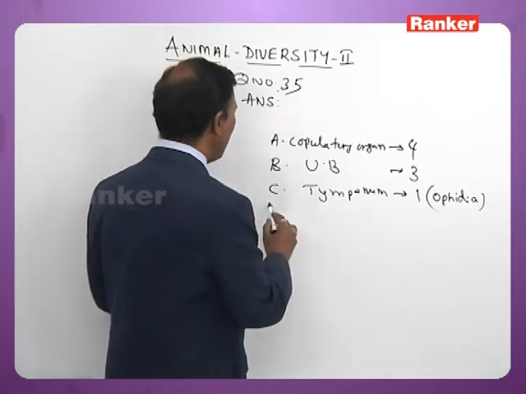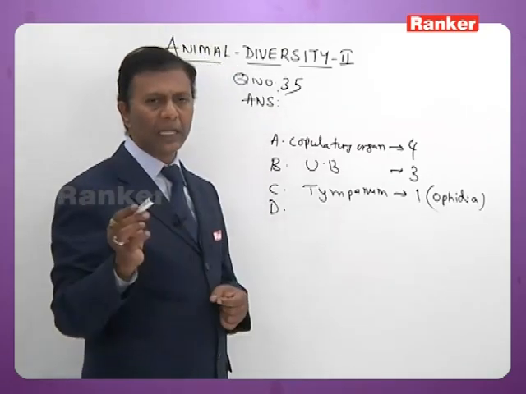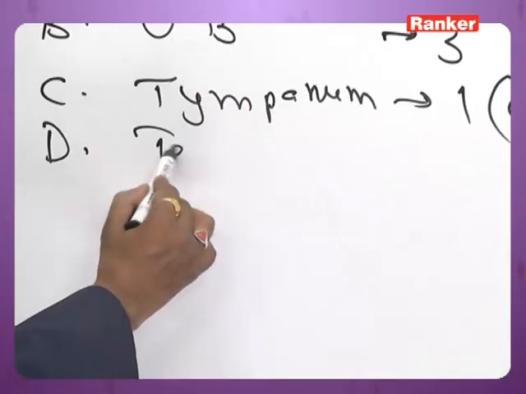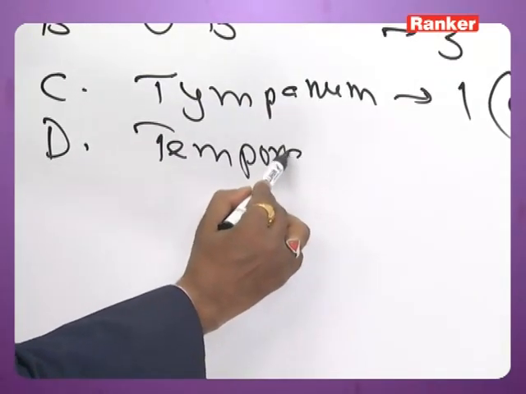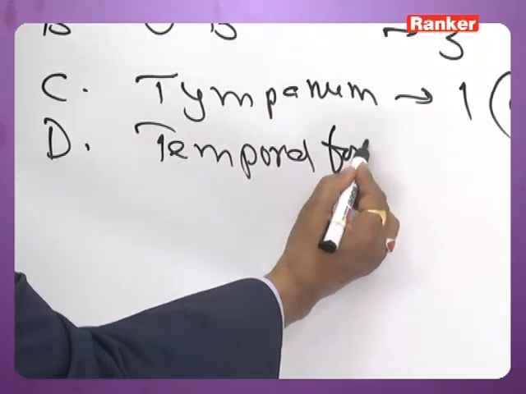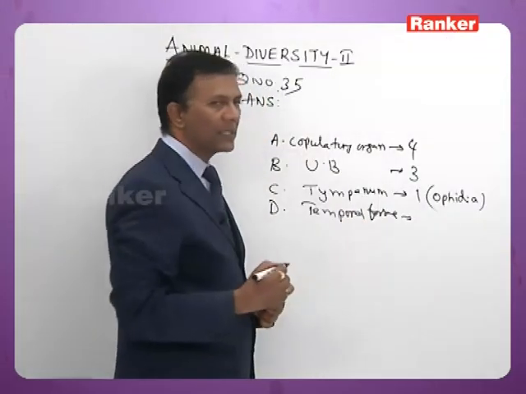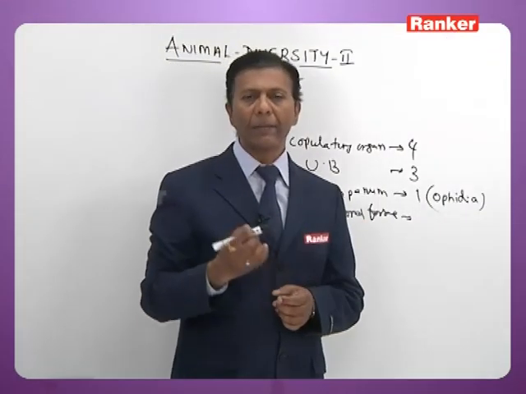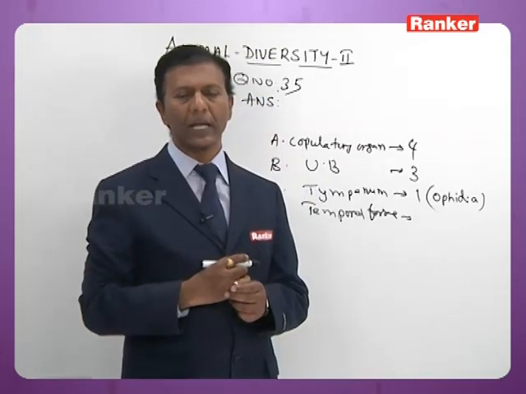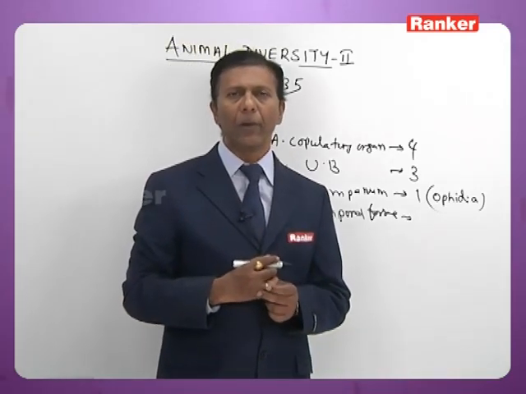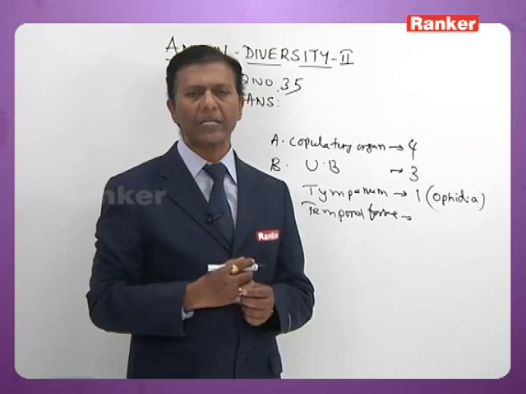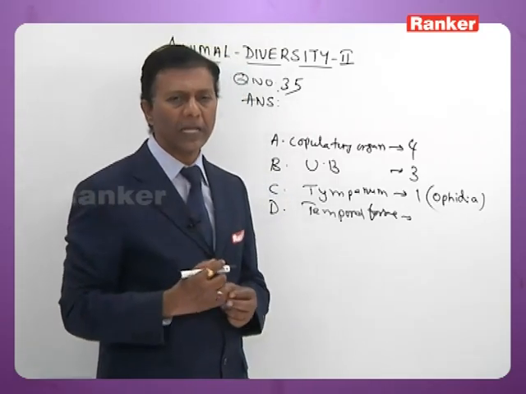The next, D, temporal fossae. Temporal fossae are absent in the anapsid skull. If temporal fossae are absent, you call the skull an anapsid skull, and that anapsid skull is present in Chelonia.